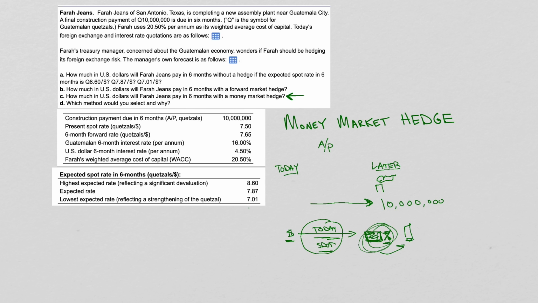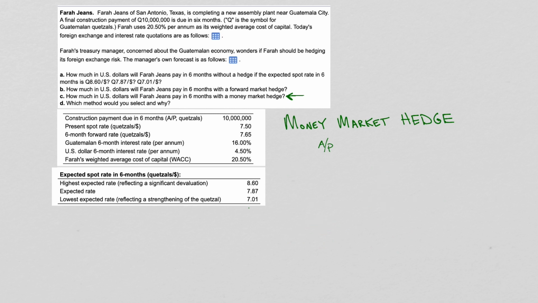So let's take a look at that with numbers instead of just a bunch of squiggly lines. We've got an accounts payable, and that's going to be 10 million Guatemalan Quetzals. What we're going to do is convert dollars into Quetzals so that we have 10 million Quetzals, which is what we need to pay it off.